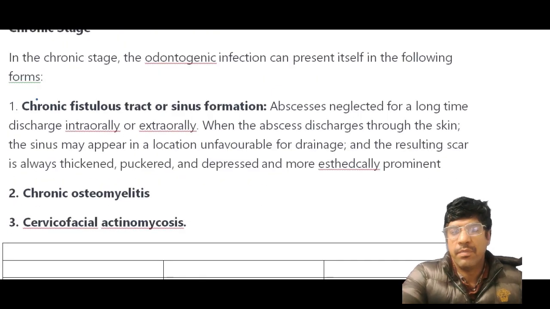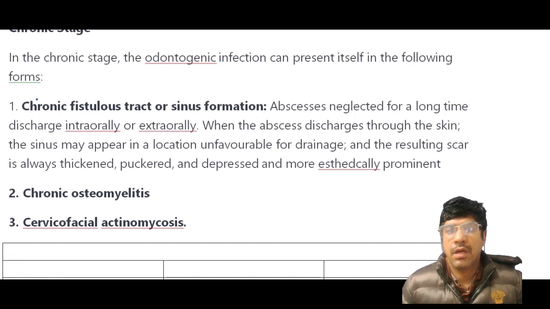whereas the chronic form can include a chronic fistulous tract. When an abscess persists for a longer time without proper treatment, it might start draining fluid. If an abscess drains fluid through the skin, it might result in the formation of a sinus or fistulous tract.